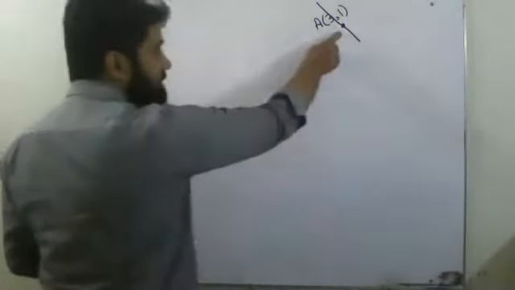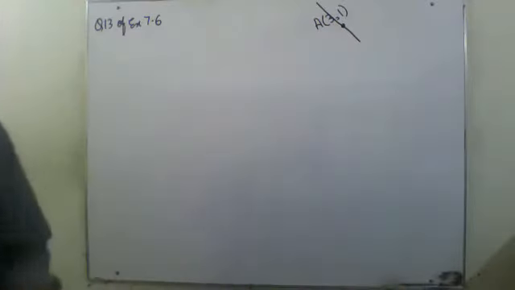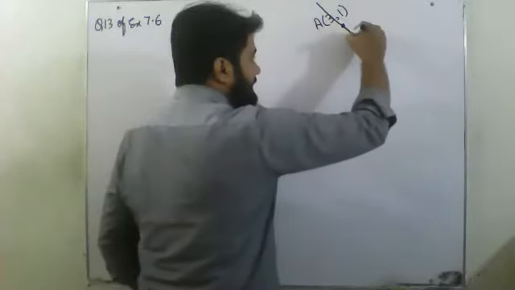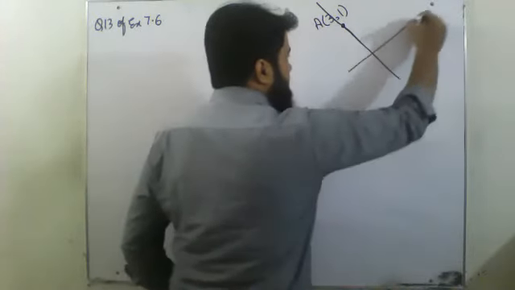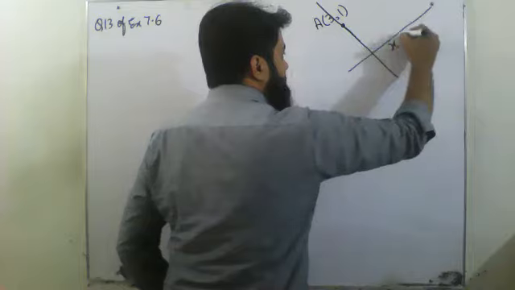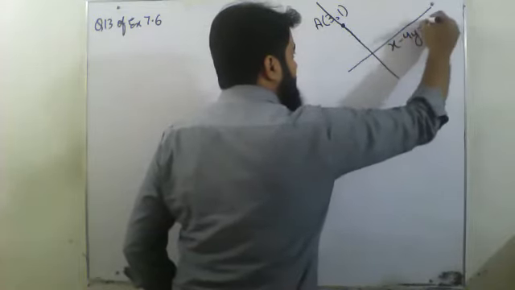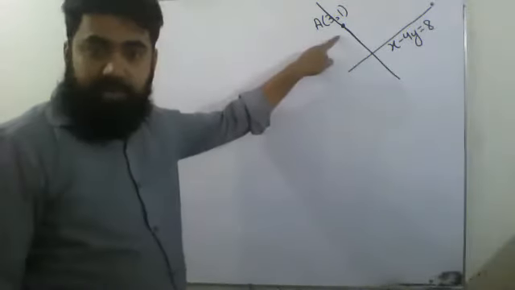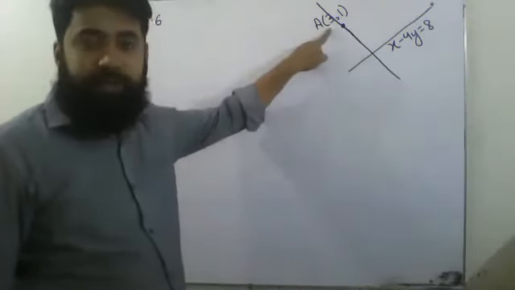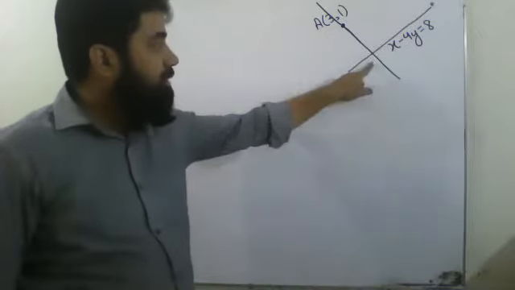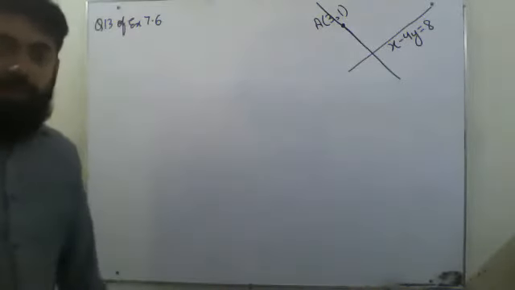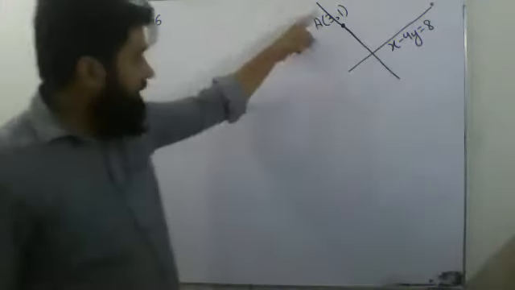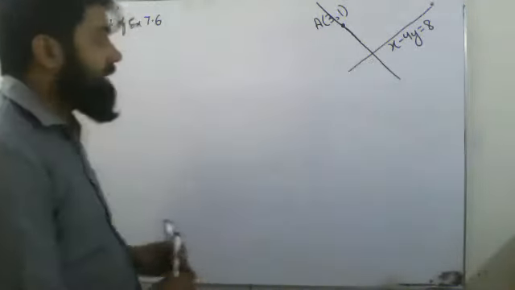And this line which is passing from A(3, 1) is perpendicular to another line, x minus 4y equals 8. Okay? This line passing through the point A(3, 1) is perpendicular to another line x minus 4y equals 8. Okay?